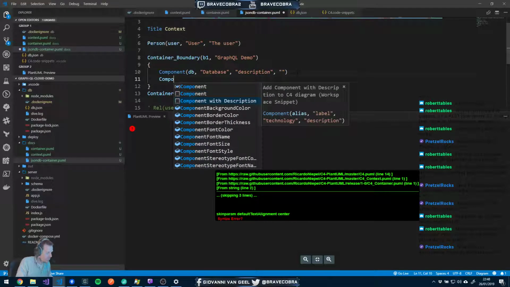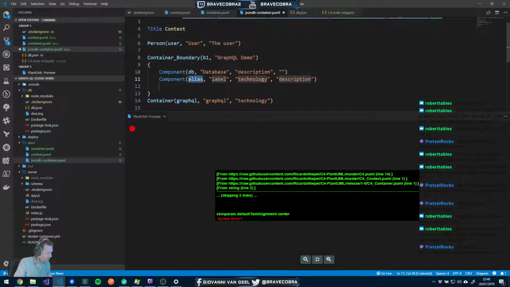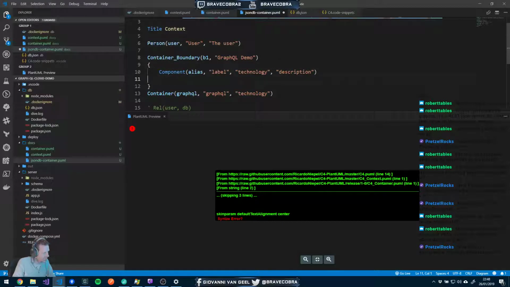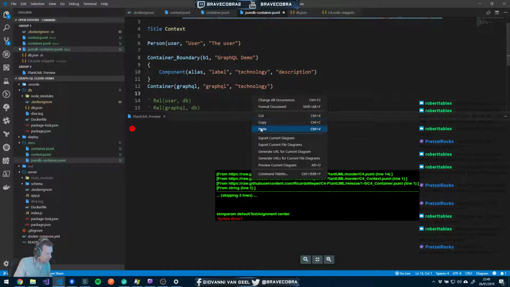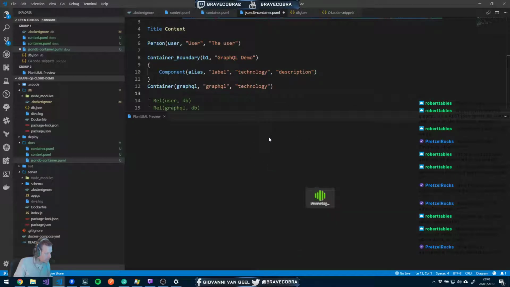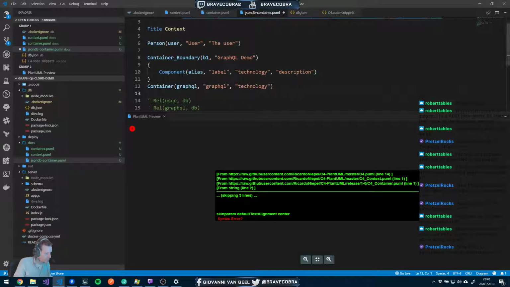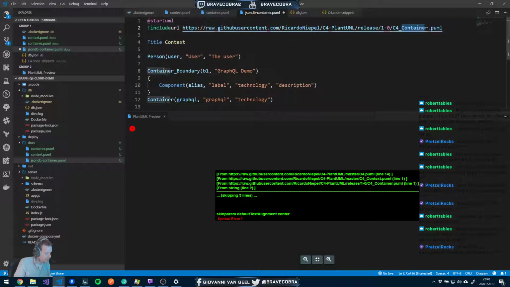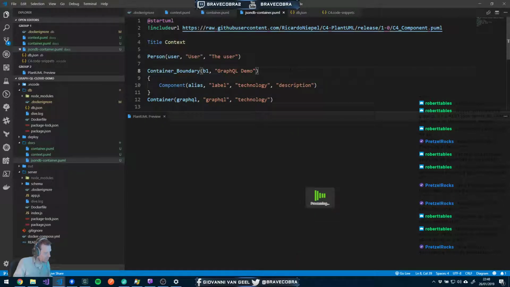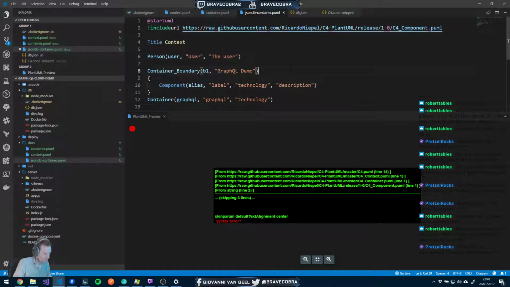So if I've got a new component with description 1, 2, 3, yeah, sure. All good. So what's wrong with this? I don't get that one.